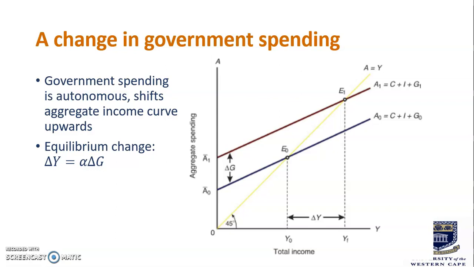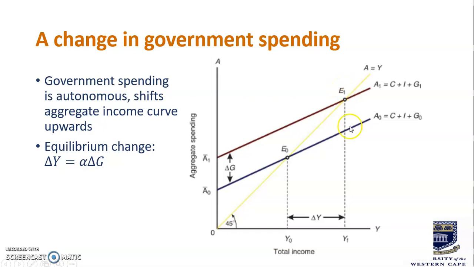So what we are trying to say here is that if production increases, it results in an increase in income level, and as a result of induced consumption expenditure, this will again result in an increase in aggregate spending. And if this multiplier process continues, the economy will find itself at this new equilibrium of E1.